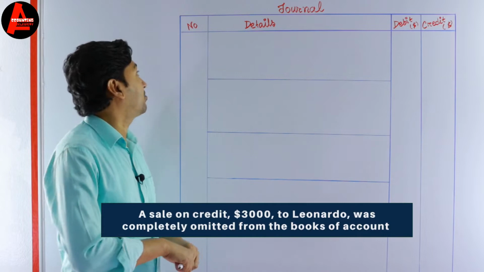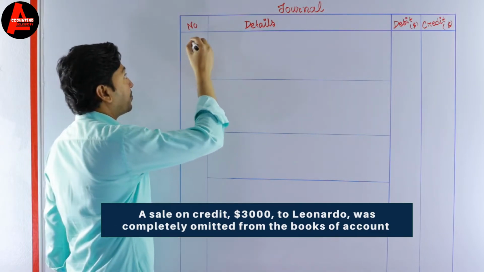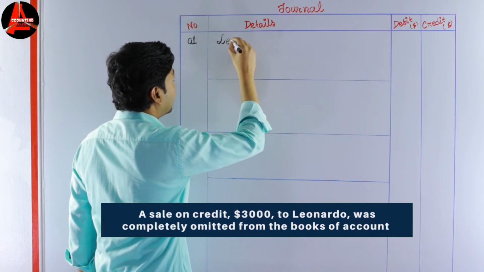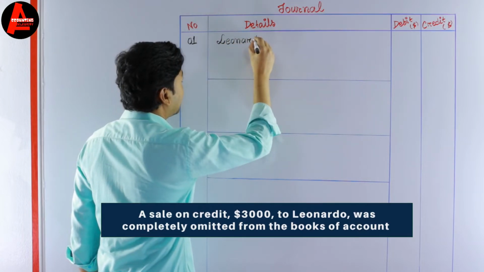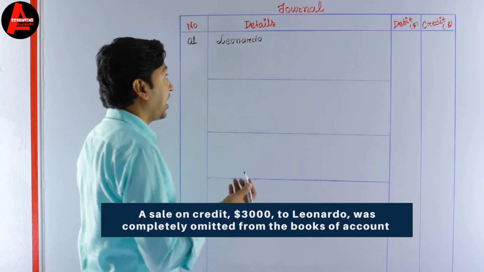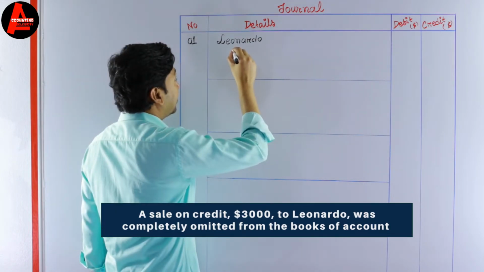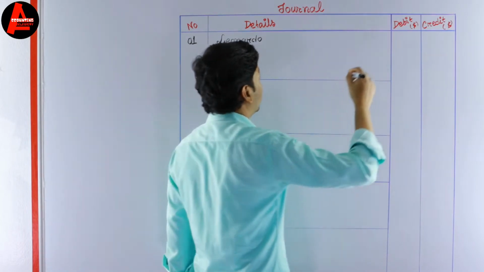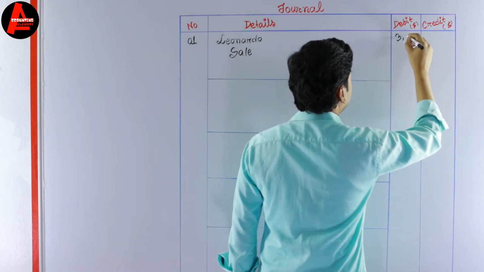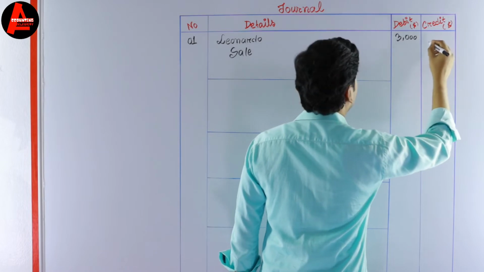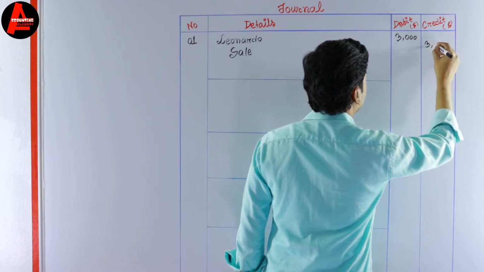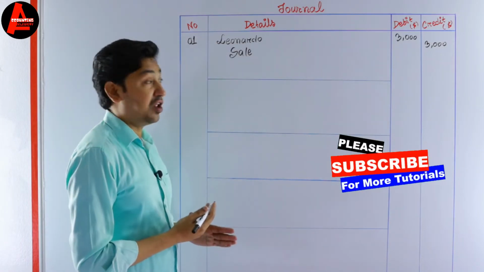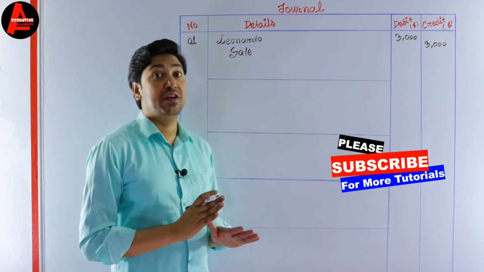So let us write a number first of all, 1. So Leonardo to be debited and the sale to be credited. So let us write here sales $3,000. So let us write here $3,000 on the debit column and $3,000 on the credit column. So here I'll also show you how to write a narrative.